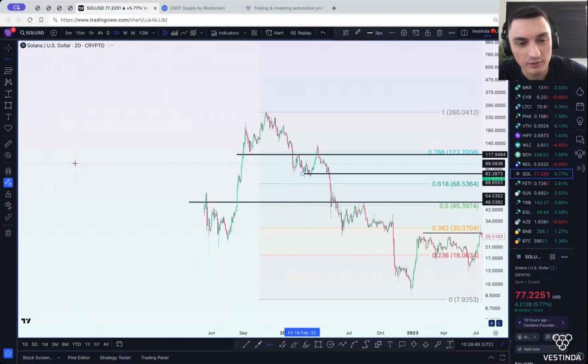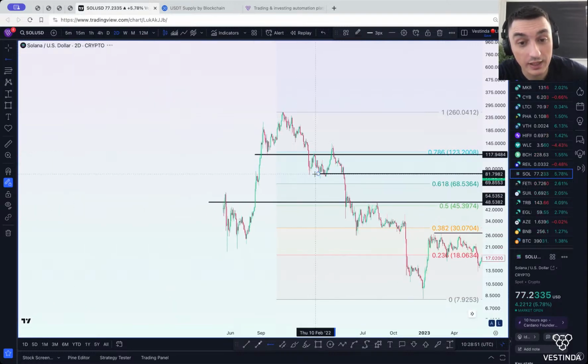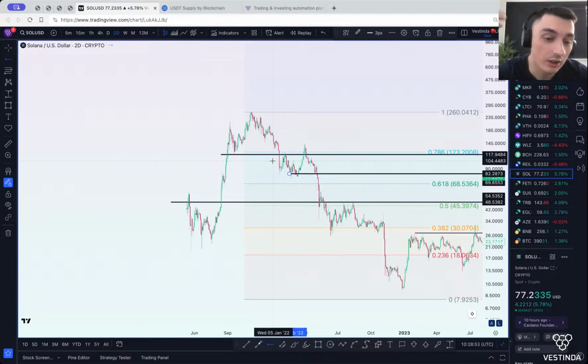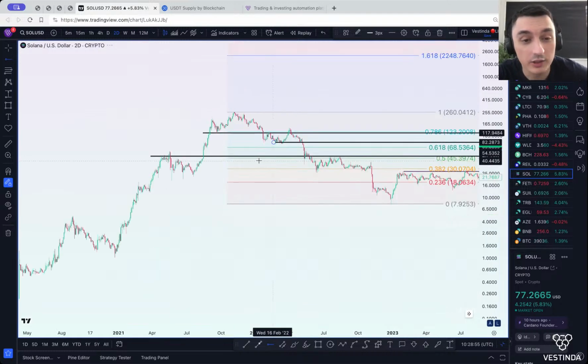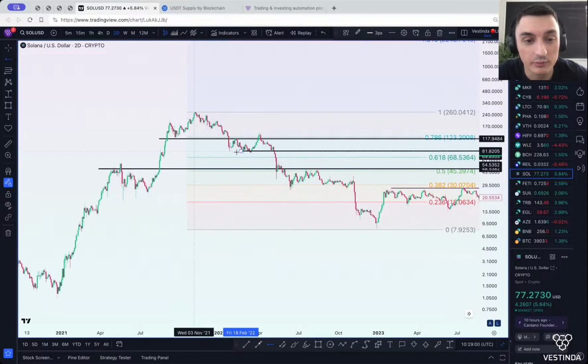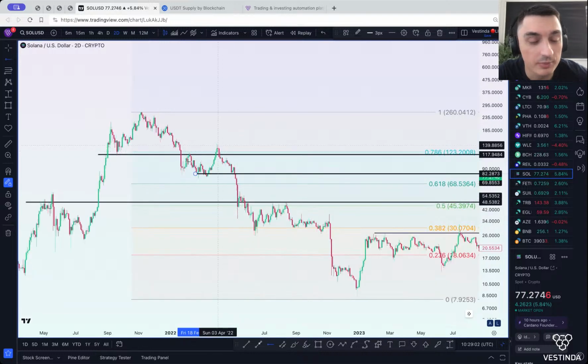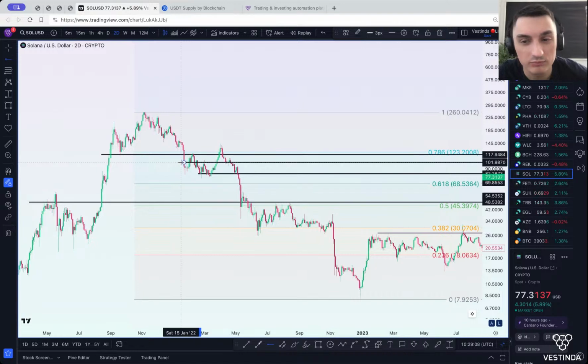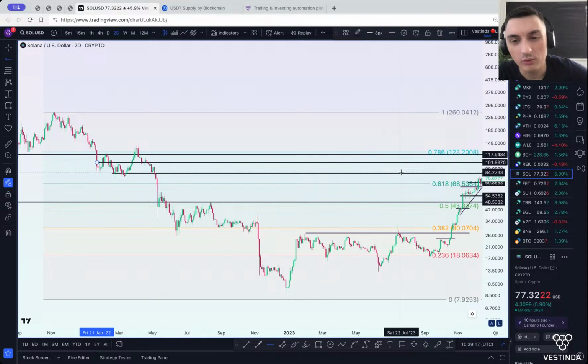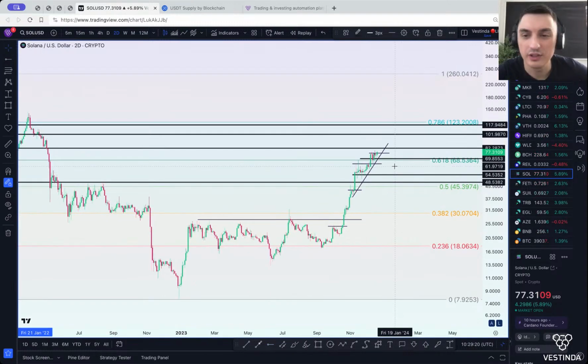There are not many levels on Solana, because in the previous bull market we simply broke through levels really easily, so we didn't have any big consolidations here. So simple levels like 80, 100, 120 are the levels that you might follow in your trading with Solana.